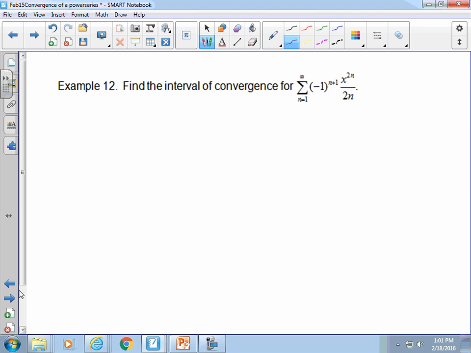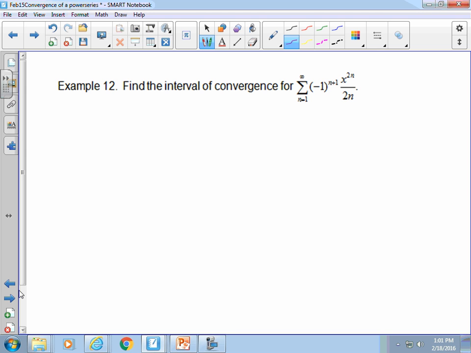Okay, let's look at this one. So now we have every option available to us. However, what seemed to be the easiest when we had an x involved to find an interval? What was our go-to that we're going to use a lot? The ratio test.